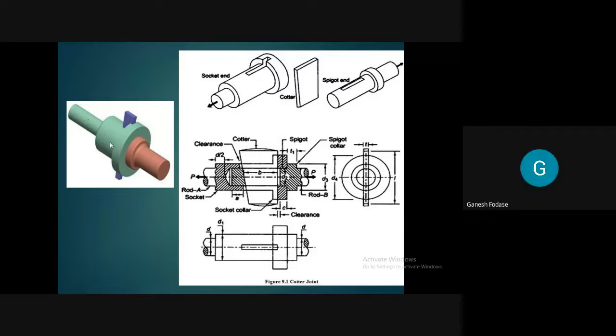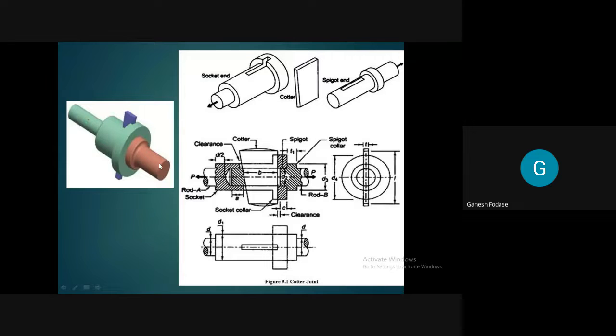Yes, it is the socket. And the next one, the second element, is the spigot. This one is a quarter pin. You can see some taper portion is there. And of course, this spigot end is going to fit inside that socket.